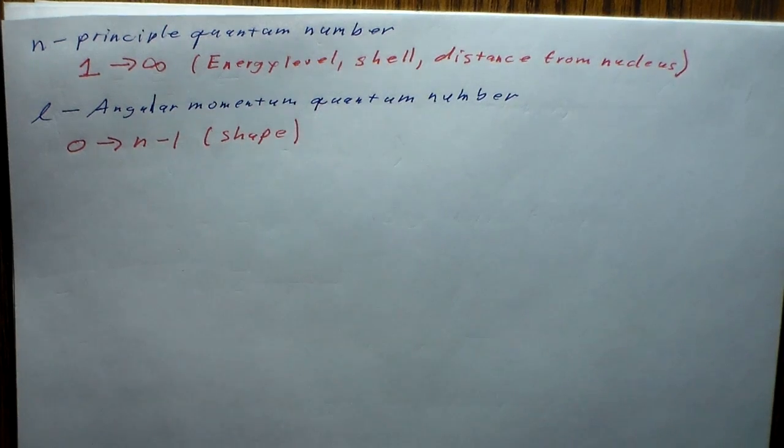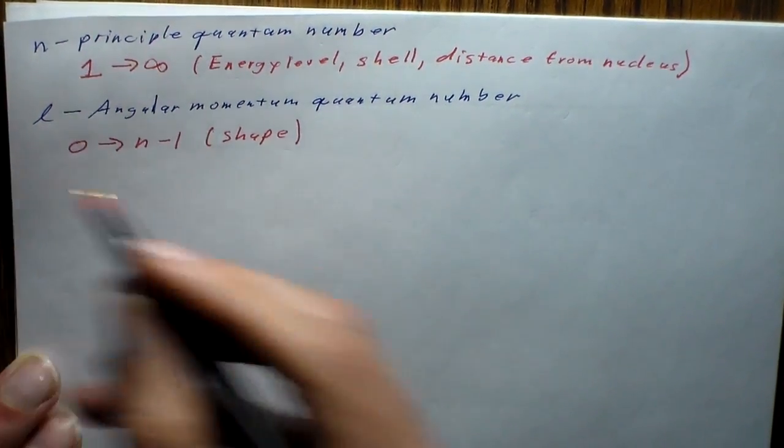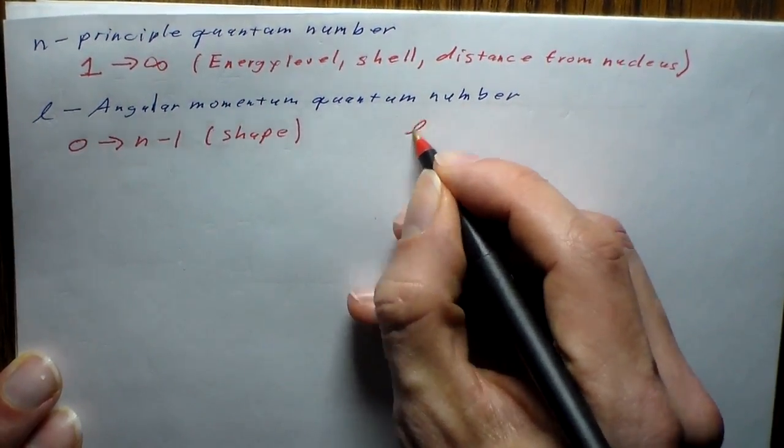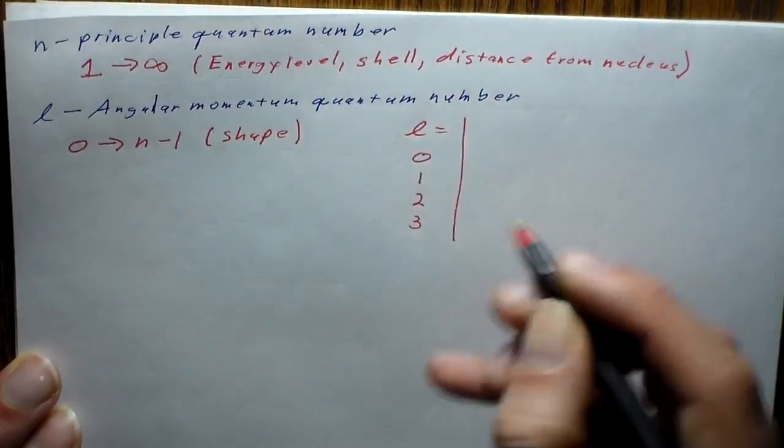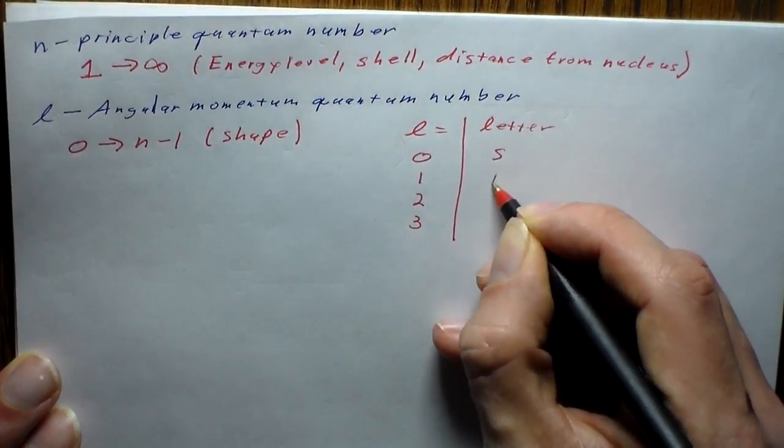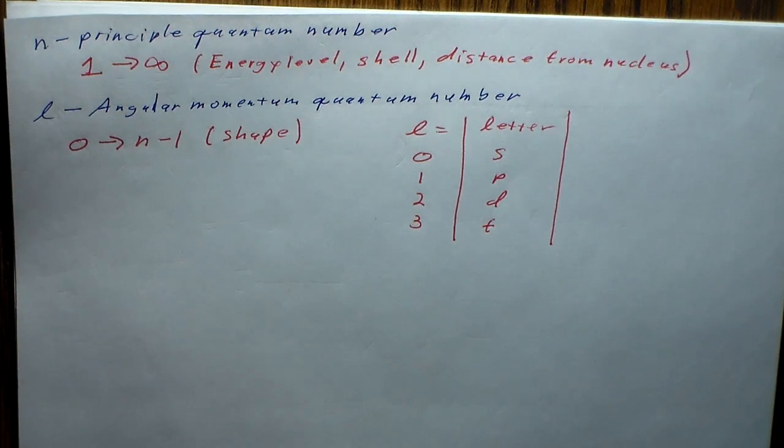Now, as for the shape, we have the s, p, d, and f orbitals. So for L equals, this is going to be our letter, the s, p, d, f. Now why are these called s, p, d, and f? It's for historical reasons. When they were doing spectroscopy, they were looking at many lines, and they needed some way to describe them because some of them were broader, some were narrow, some were very weak.